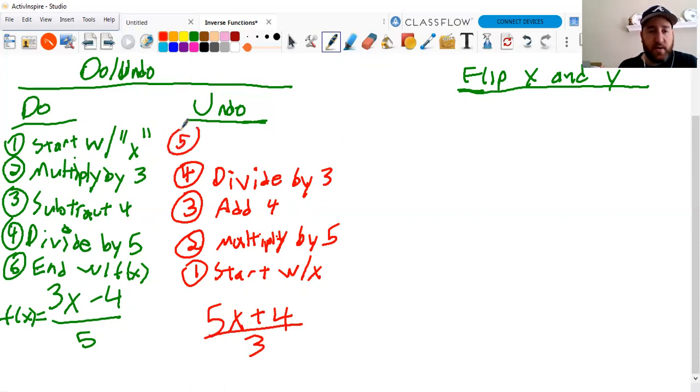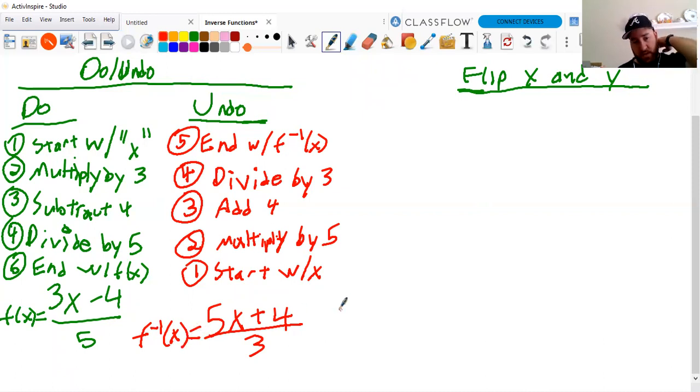And then end with f negative 1 of x. So 3x minus 4 divided by 5 is turned into 5x plus 4 divided by 3.